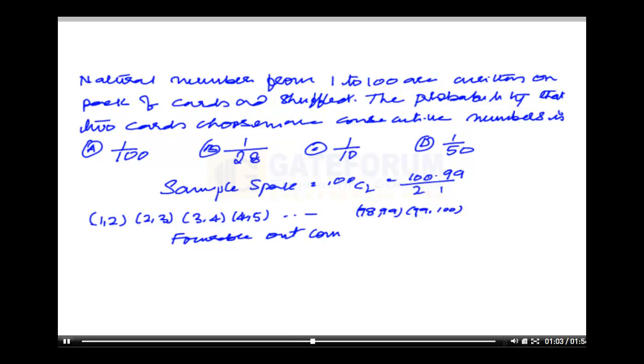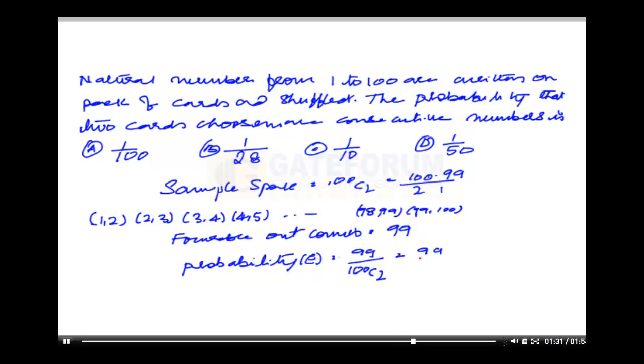That means two consecutive numbers we can get in 99 ways. So the probability of the event, that is getting two consecutive numbers, is 99 by 100C2, that is, the total number of outcomes.